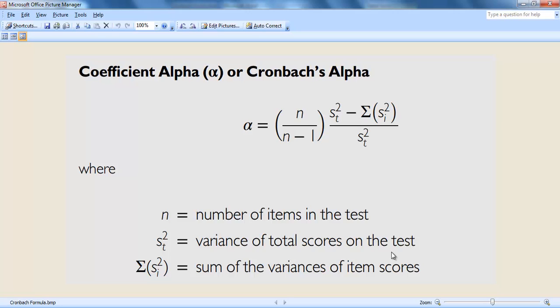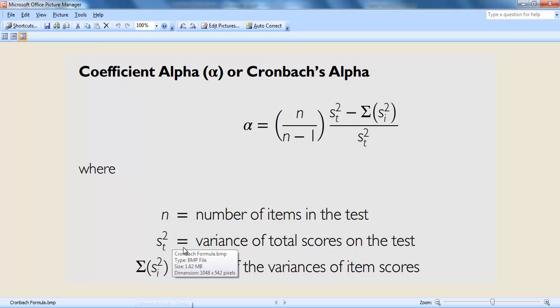So let us calculate the total score for each respondent.